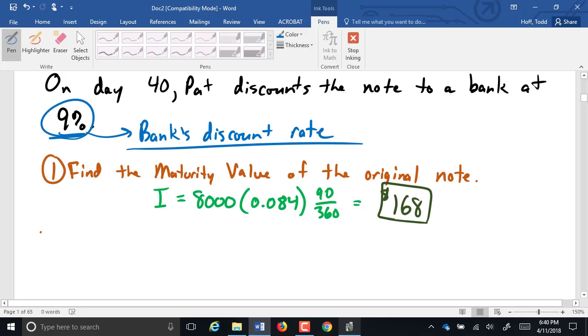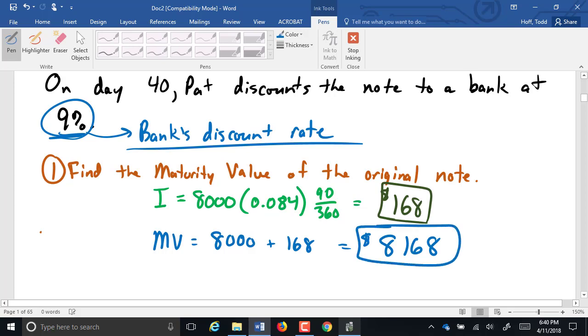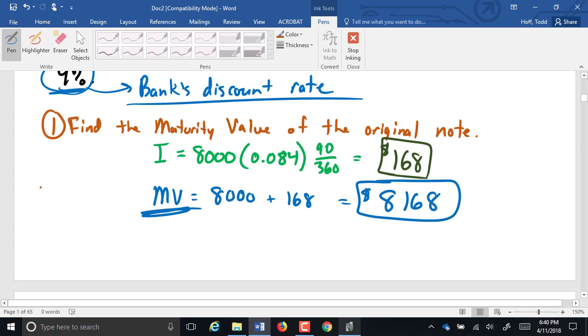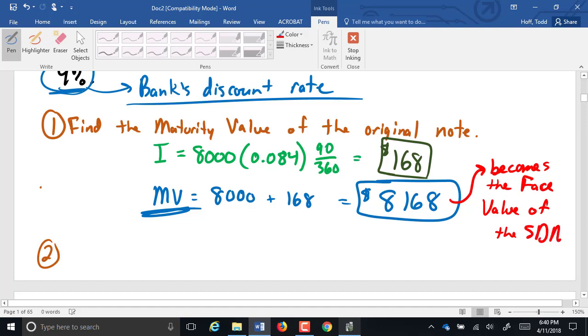That's our interest. We still have to find the maturity value, which will be the principal of 8,000 plus the $168. So $8,168 is the maturity value. That amount will become the face value of the simple discount note to the bank.